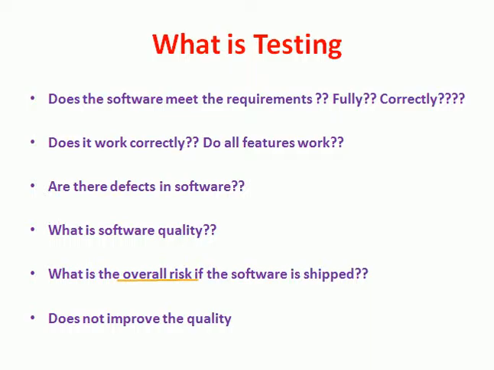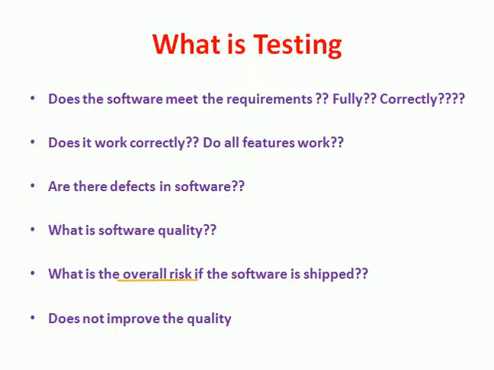So once you have the data for the software quality, this data is generated by testing, you can make the assessment what is the overall risk in shipping the software, and then the entire team and the management, they can decide whether the software will be shipped or whether the defects will be fixed or not.